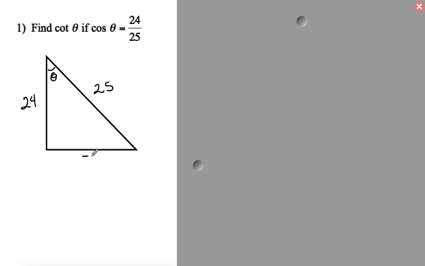Which would mean that this side length has to be 7, using Pythagorean theorem, in case you're getting stuck on that part of it. So I'm plugging in A and C because I have the one leg and the hypotenuse. And if I square this and subtract it from the other side, I get 49, which means that B has to be 7. Cotangent requires adjacent over opposite, so 24 over 7.